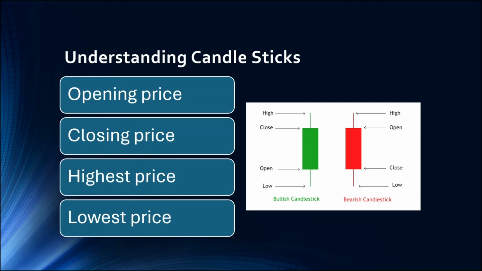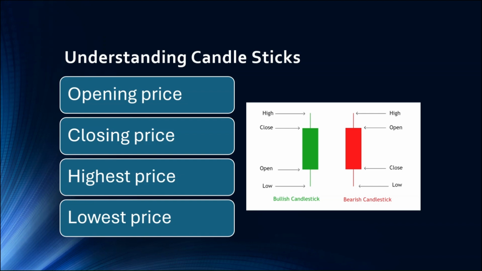If you see a bullish candlestick, the close is on the higher side, so we call it a bullish candle. And if the close is on the lower side, we call it a bearish candle. So don't try to overcomplicate it. Candles simply show who had control during that time period.